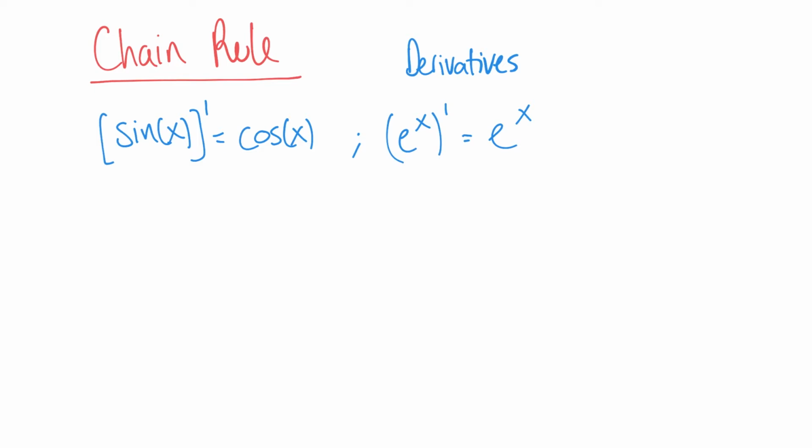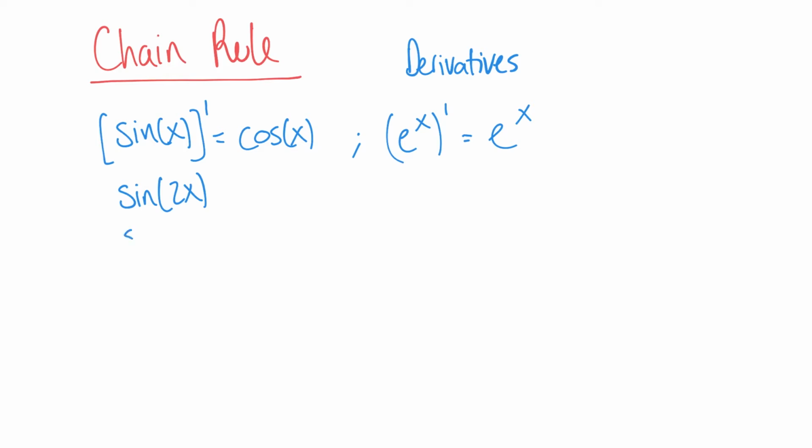Now, the chain rule is what happens when we have a function within a function, okay? So what happens when I want to take the derivative of sine of 2x? Okay, so I know that the sine should become a cosine, but now there's also that extra 2.